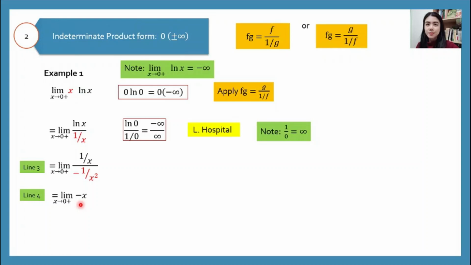And then if you substitute x equal to 0 into here, you have the answer that is 0. Now I want you to pause the video for a while and see whether you are able to get line number 3 and line number 4 by yourself. There are some steps I already skipped. So I want you to try and see whether you can get them.